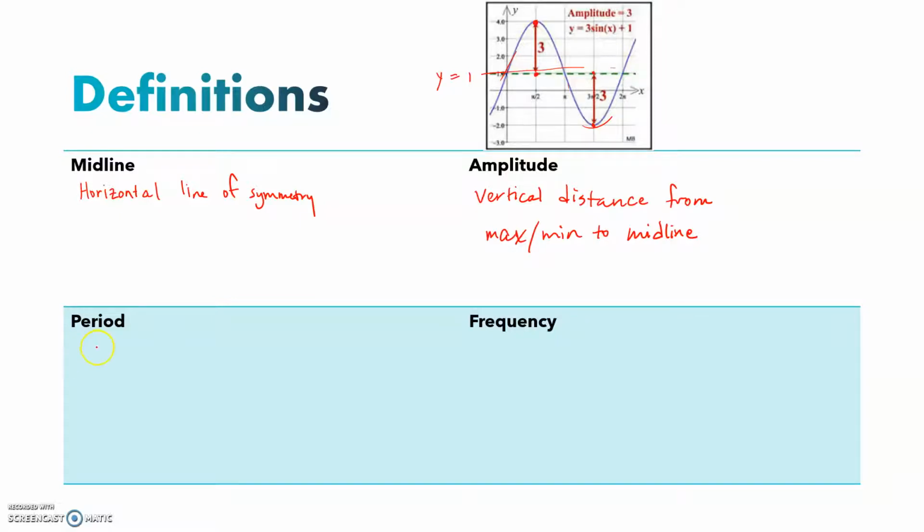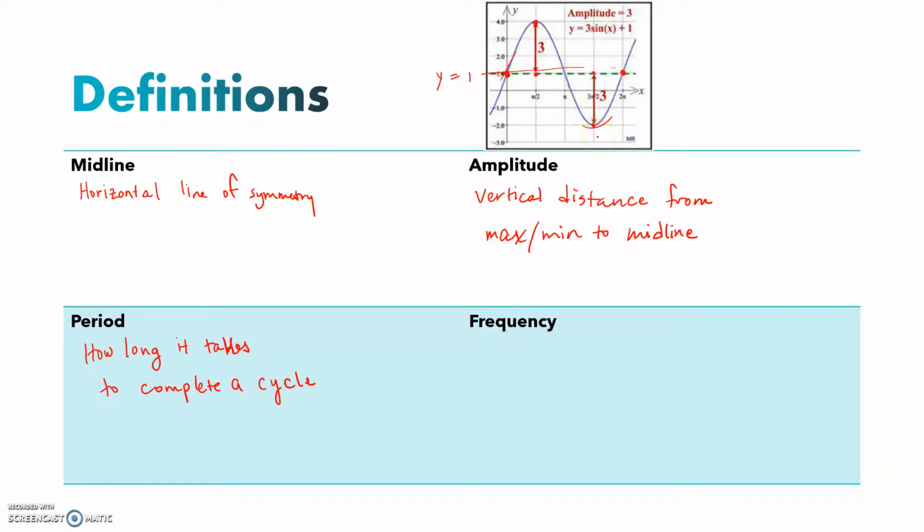The period is how long it takes to complete a cycle. So for this graph, the cycle starts at the midline, goes up to the maximum, back to the midline, down to the minimum, and then back to the midline.